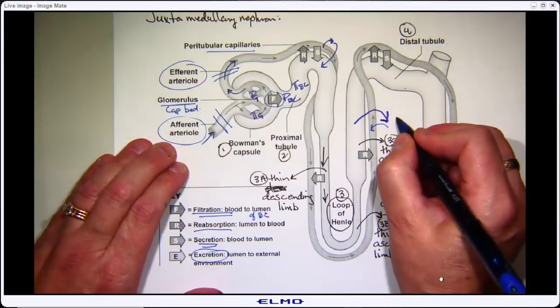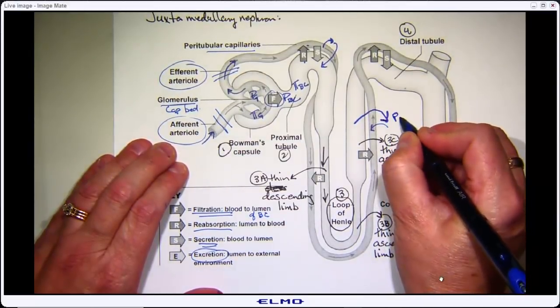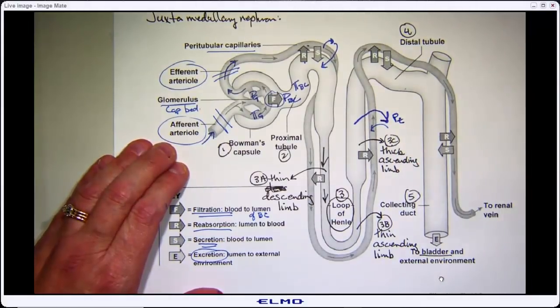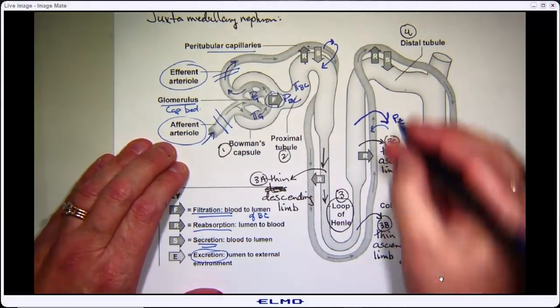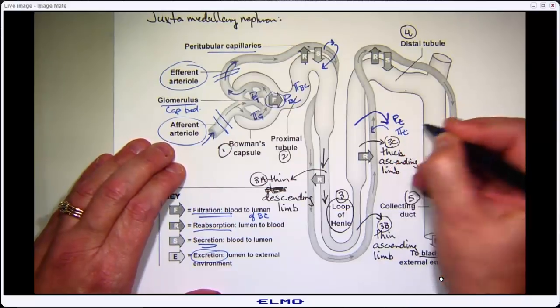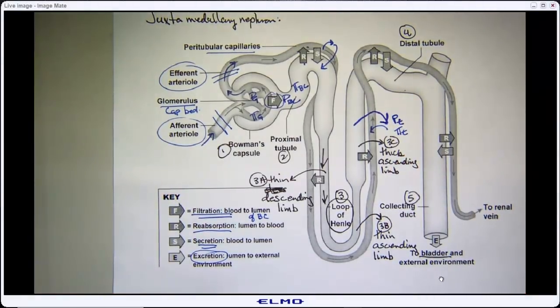So we know that we have a pressure in the tissue, right? So that's just that interstitial space, hydrostatic pressure, and we have proteins out here, so we're going to have an osmolarity in our tissue space.